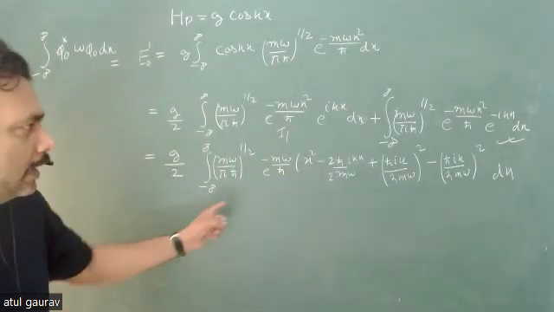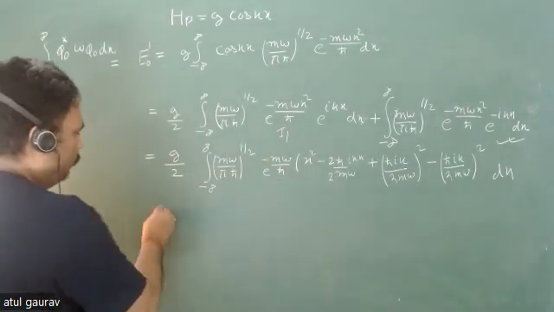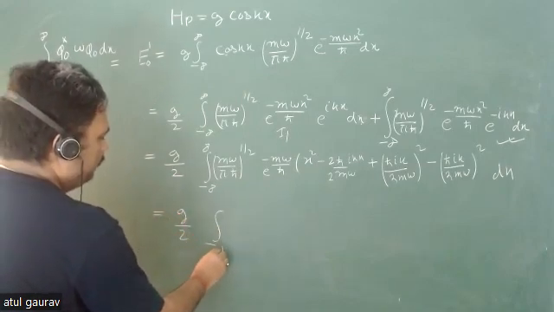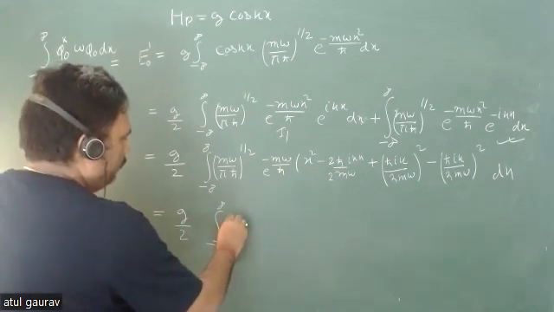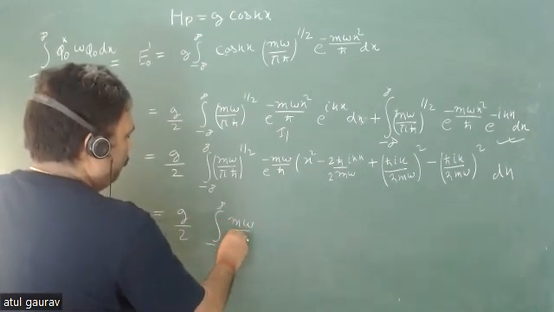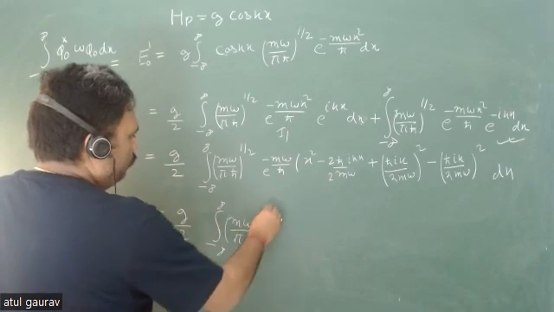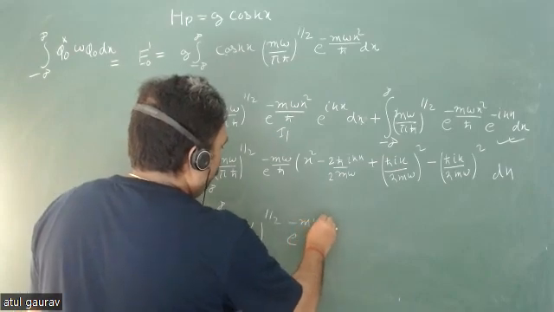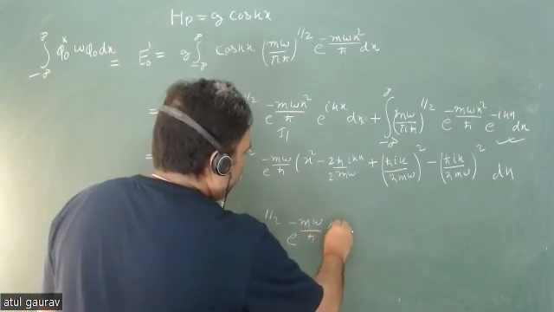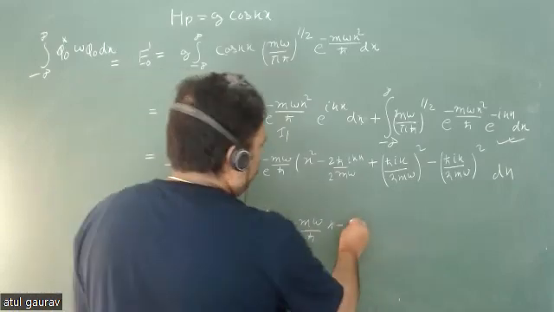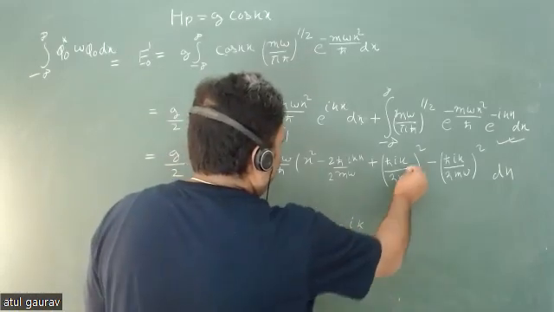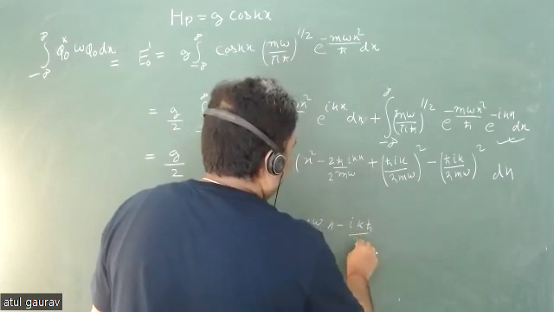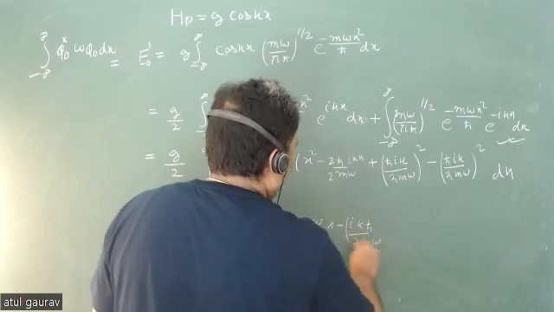Now अब अगर आप इस इंटीग्रेशन को लिख रहे हो, then what you will get, g upon 2, minus infinity to plus infinity, (m omega upon pi h cut) to the power 1/2, e to the power minus m omega upon h cut, (x minus i k h cut upon 2m omega) whole square.